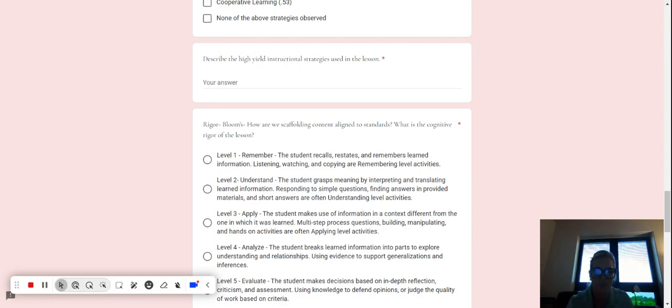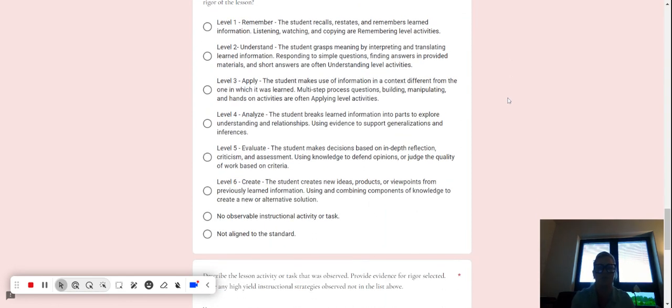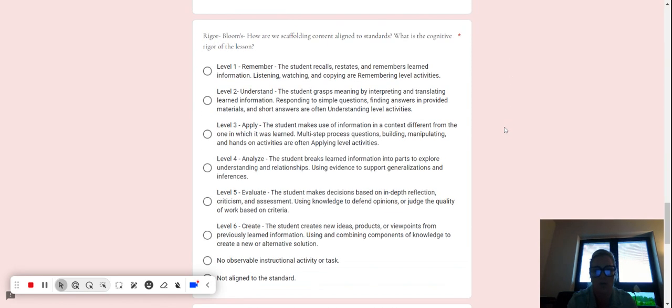So, all right, level of rigor. The lowest level is remembering. So maybe some notes, watching, listening to video. Remember, videos should be really relevant to the content and not the whole class. And then we move on up to applying, analyzing, evaluating, and creating.